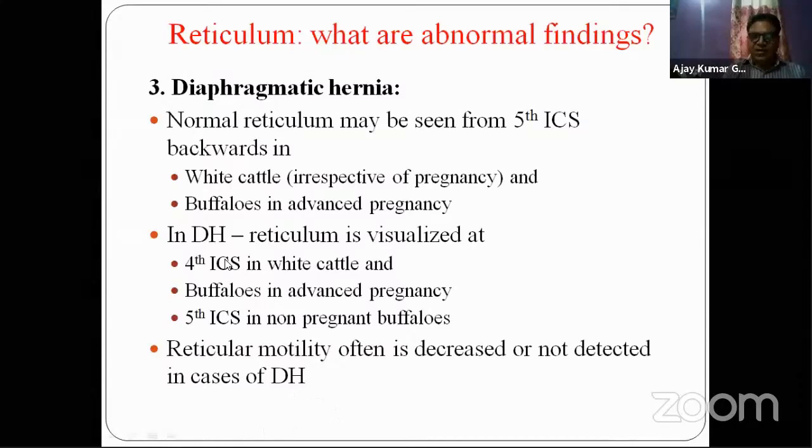Similarly, in case of cattle as well as buffaloes, if you see the reticulum in the 4th intercostal space, that will mean that the reticulum is in the thoracic cavity, and that can confirm your diagnosis of diaphragmatic hernia.